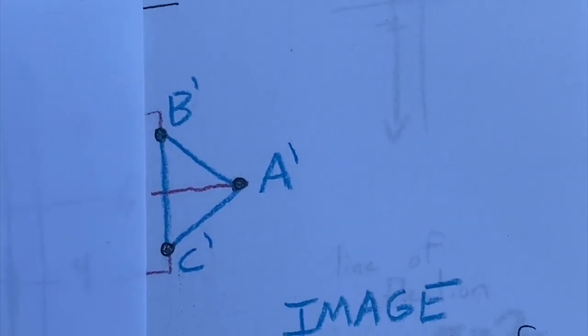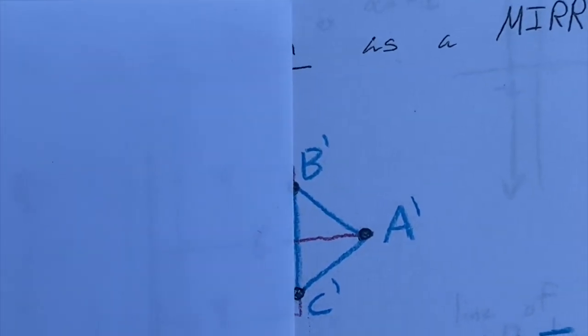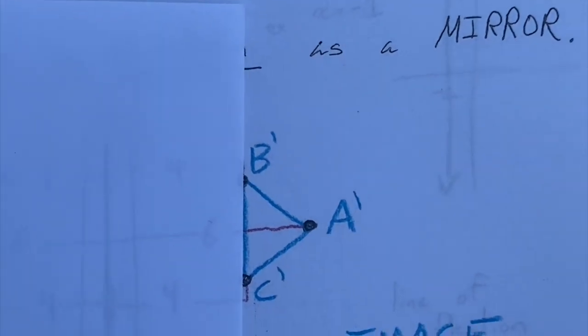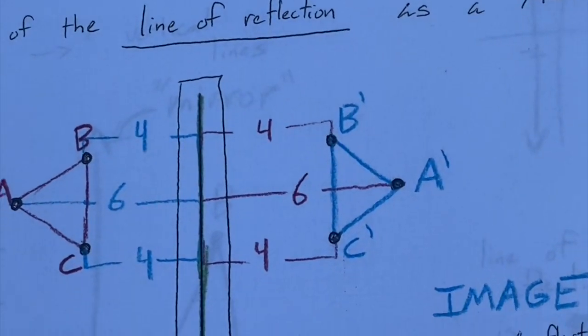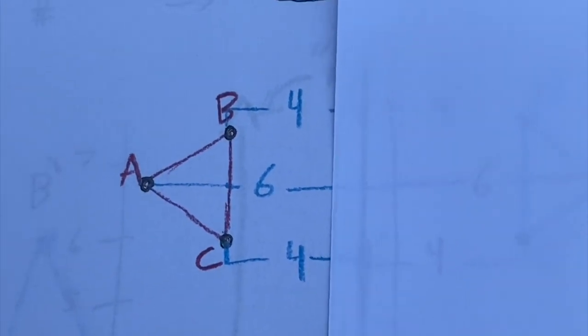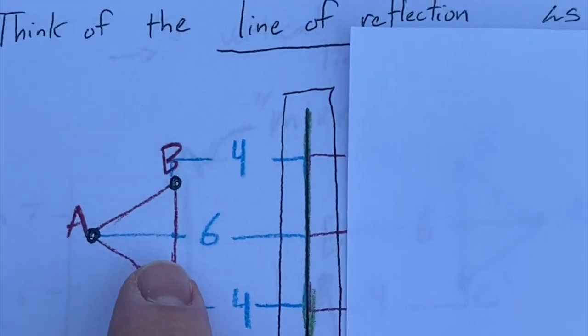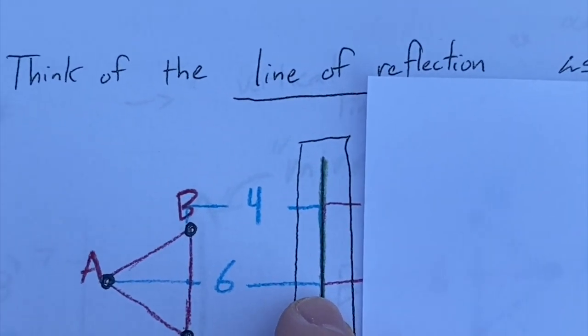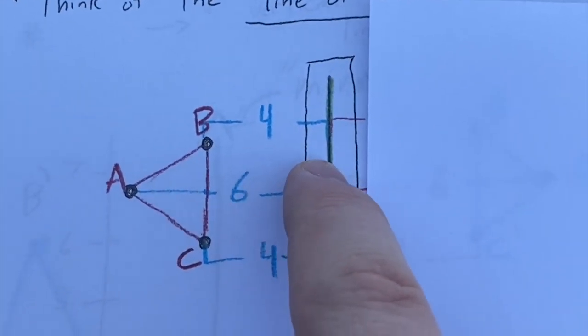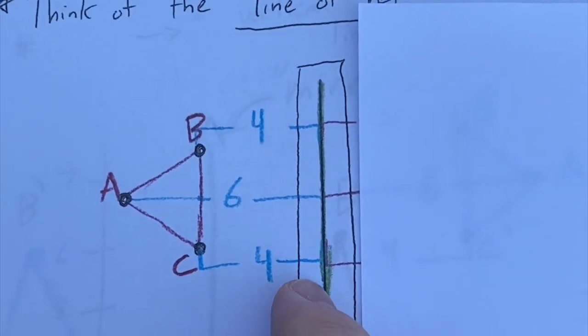When we have a reflection image, we have the same names for each point carried over, but the reflected image gets an apostrophe, meaning we know those are reflected points. And right here in the middle is the line of reflection, aka the mirror. Each point has a distance from the line of reflection. A is 6 units away from the mirror, B is 4 units away, and C is 4 units away.